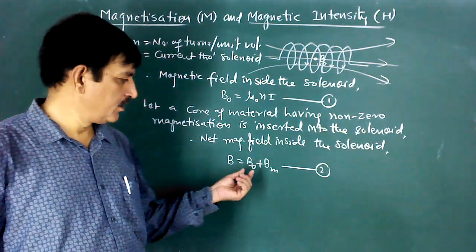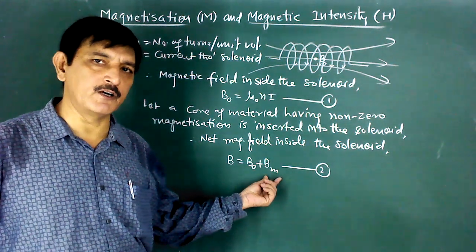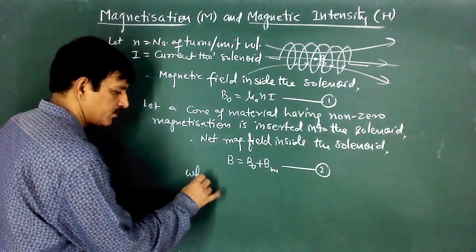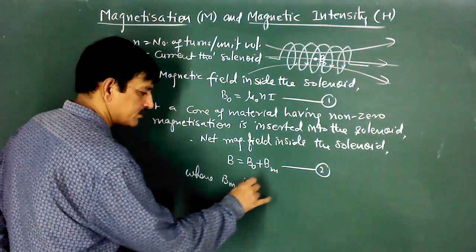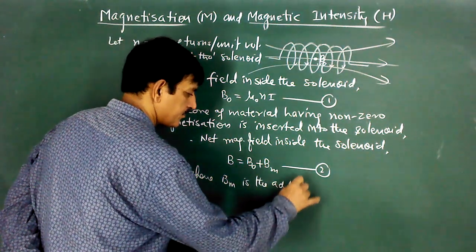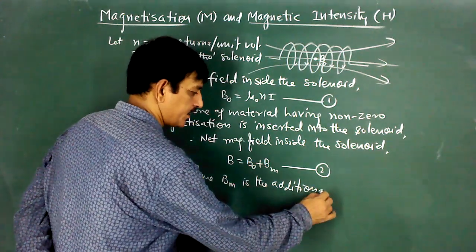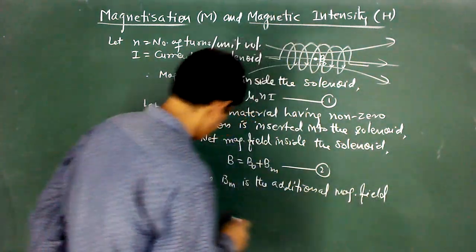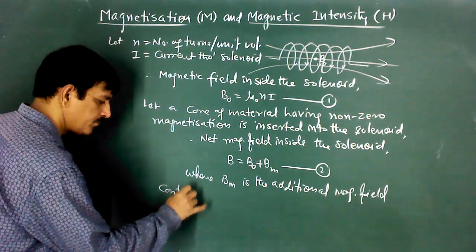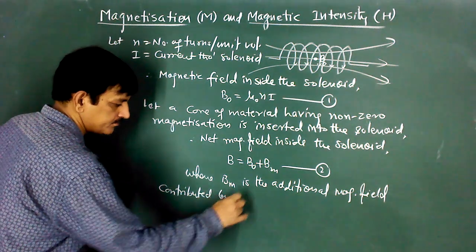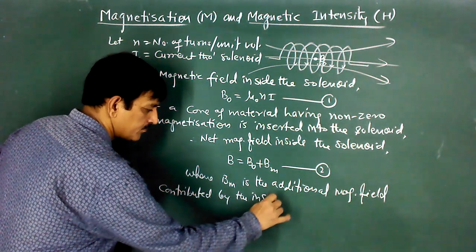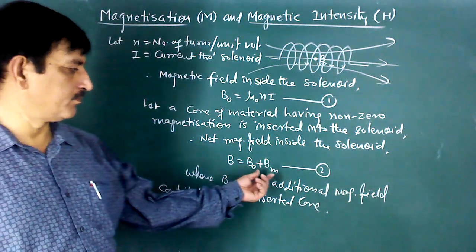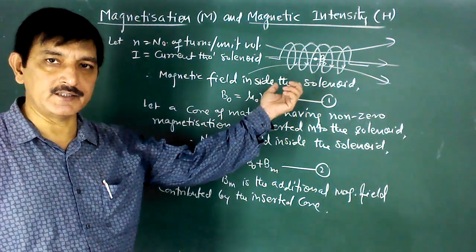Here Bm is the additional magnetic field contributed by the inserted core, and this Bm depends on magnetization.